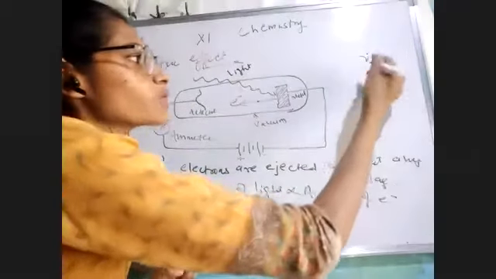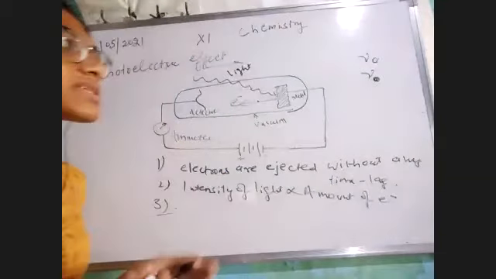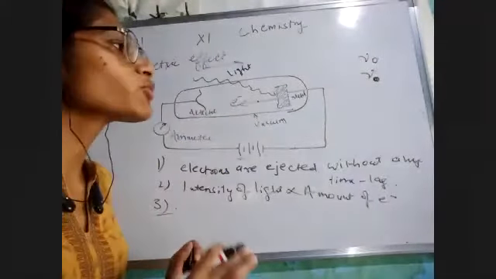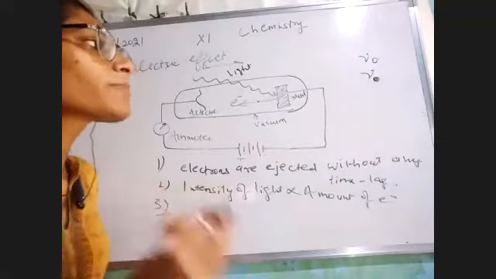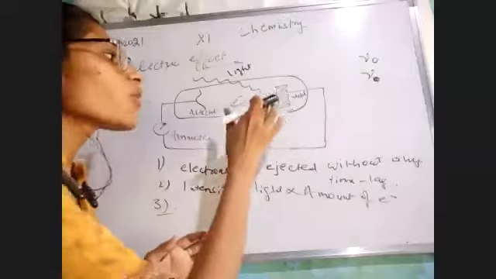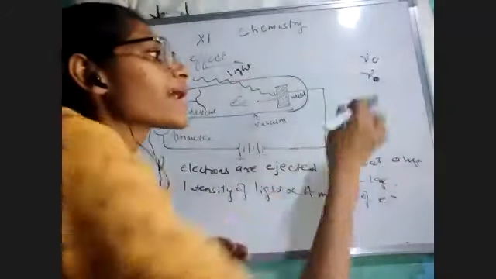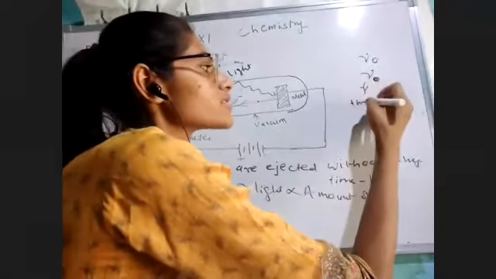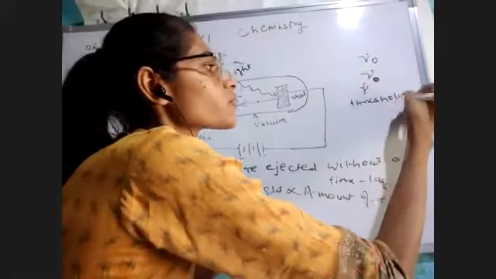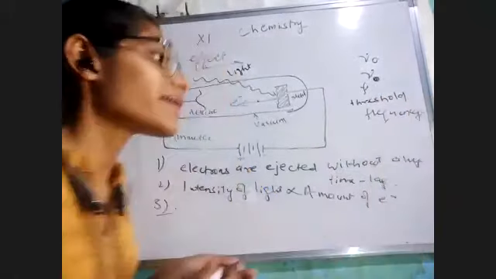This is not O, this is nu naught. So there should be a minimum frequency with which electrons are ejected. This is known as nu naught, or threshold frequency.